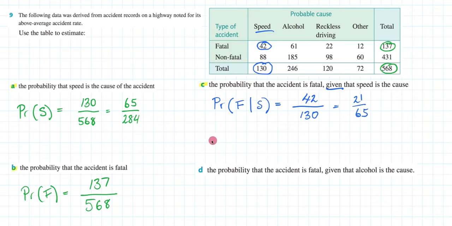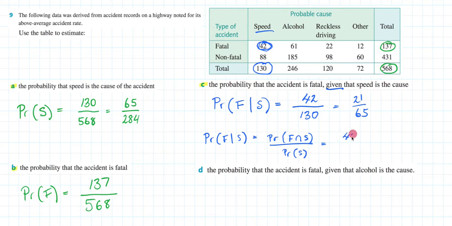Now, we could use our strict definition or our formula for finding conditional probability, which would be to find the probability of F intersection S divided by the probability of S. Well, the probability of F intersection S is going to be 42 divided by my total amount of accidents.